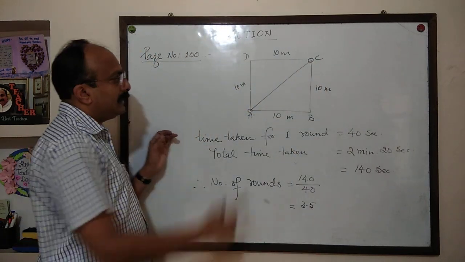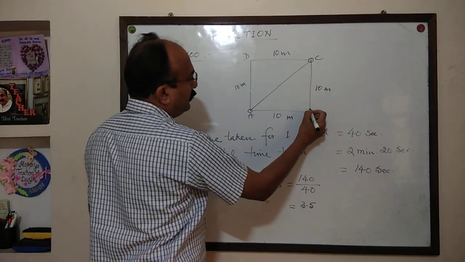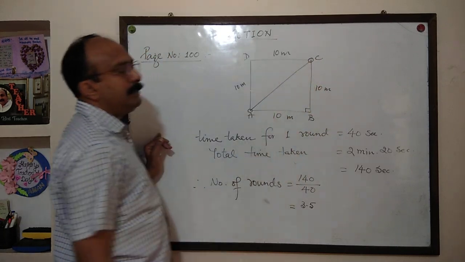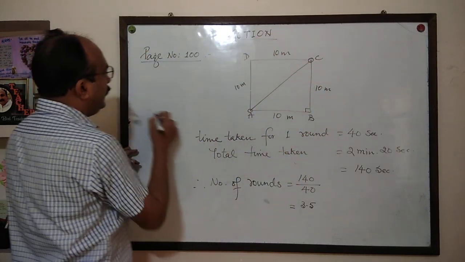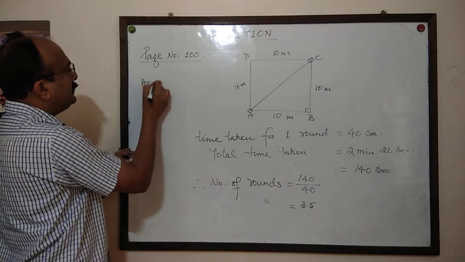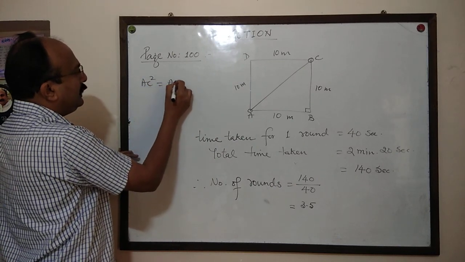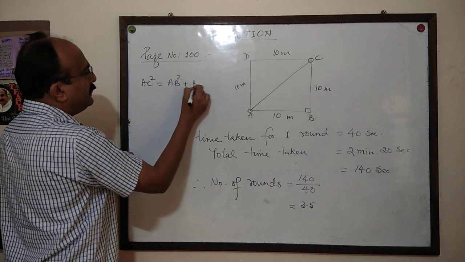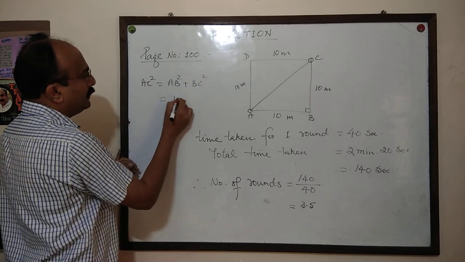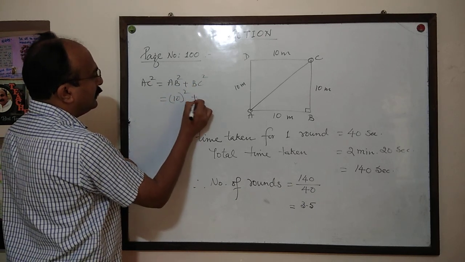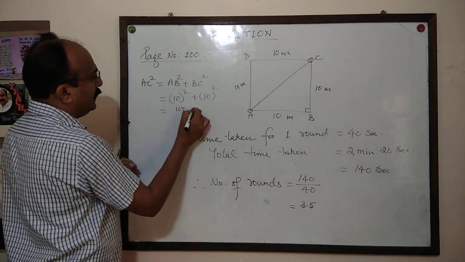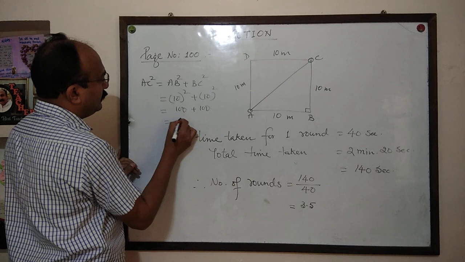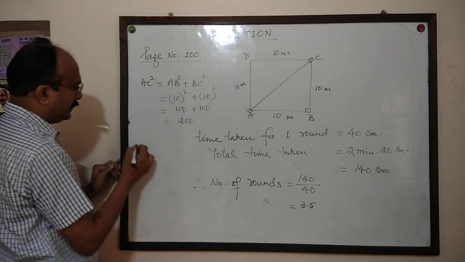And we know that AC is the hypotenuse of right angle triangle ABC. So, using Pythagoras theorem in triangle ABC, AC square is equal to AB square plus BC square, is equal to 10 square plus 10 square, is equal to 100 plus 100, is equal to 200.